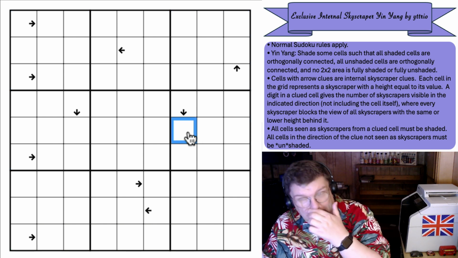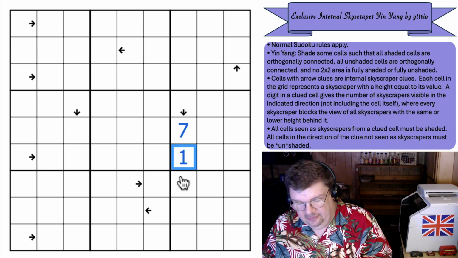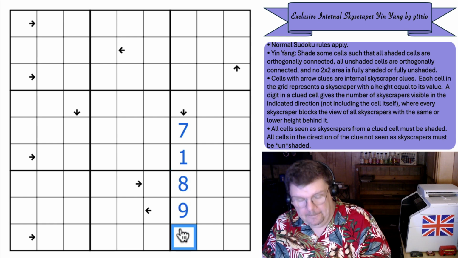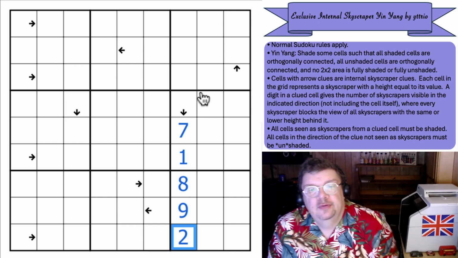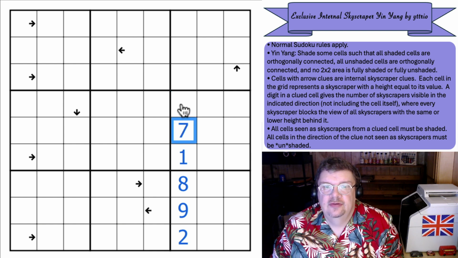So, what does that mean? If I had, say, this arrangement, I think that's going to work. Yes. So from the perspective of this cell, it sees the 7 because that's the first digit. It's always going to see that.